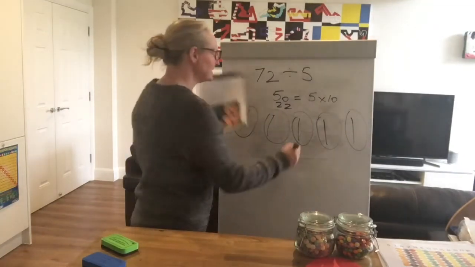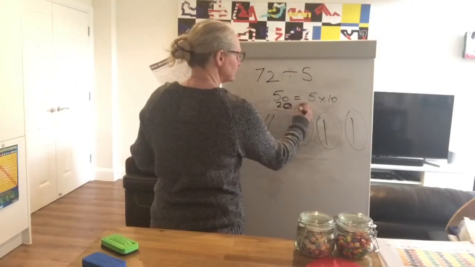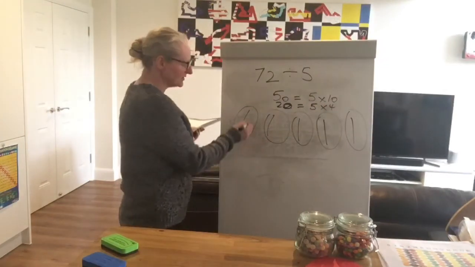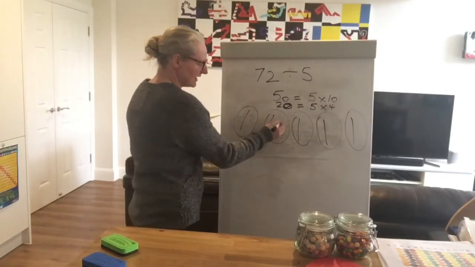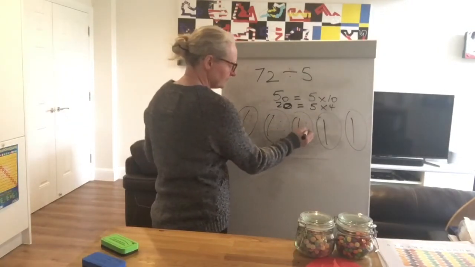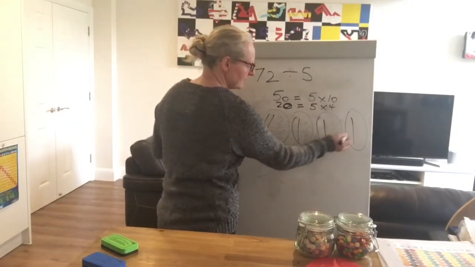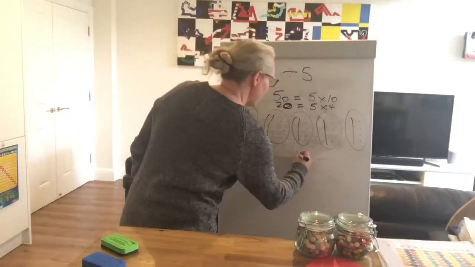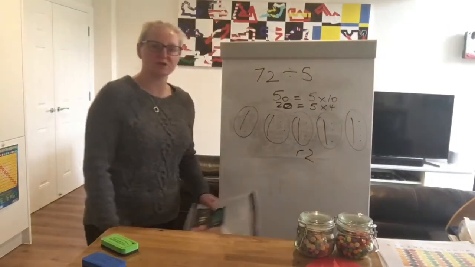I know that 20 is. So 20 is 5 times 4. So I now know that each of these can get 4. Okay, and then I have remainder 2. So I've got 2 left over.